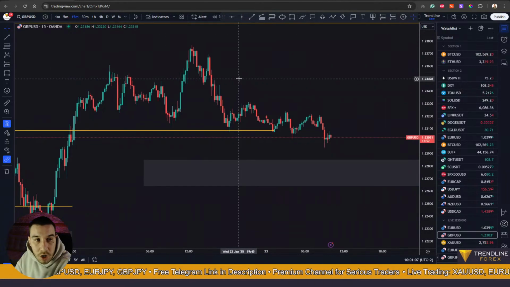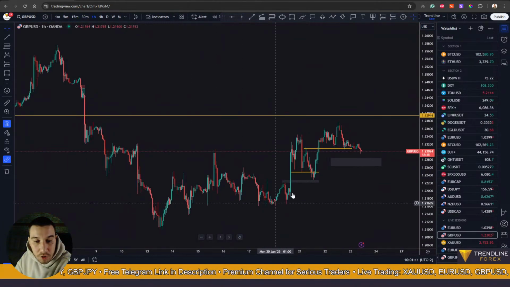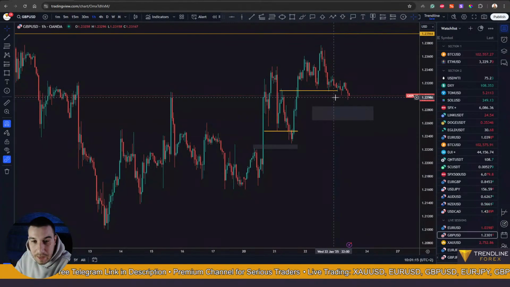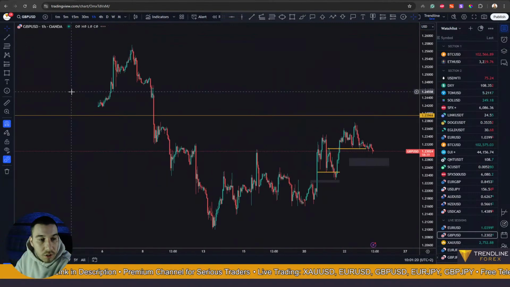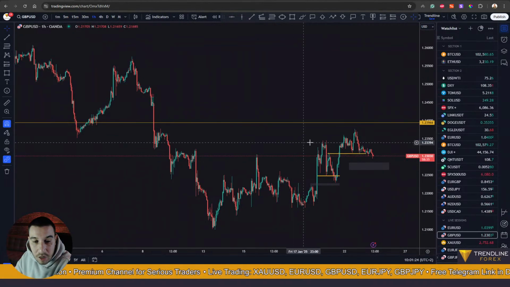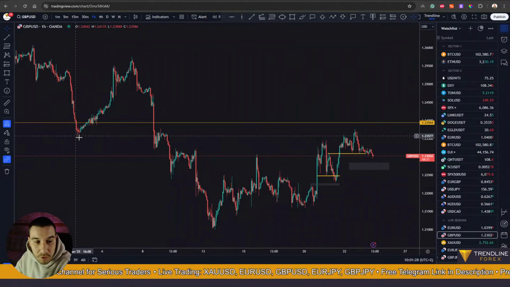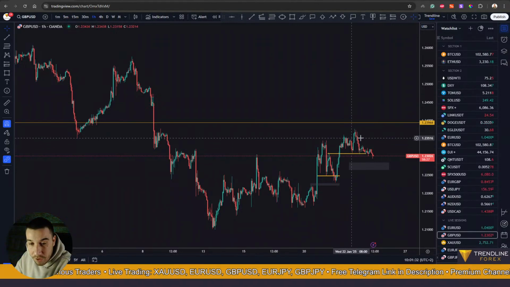But overall, I'm expecting to see a continuation of the pullback here that we have on the 1 hour time frame. You know, the reaction that we currently get is something normal for price action to do, because if you look at the 1 hour time frame, we've just taken out some previous 1 hour highs, okay, reacting to previous structure right here. Okay, we've got this major low, and this is where price has currently reversed.